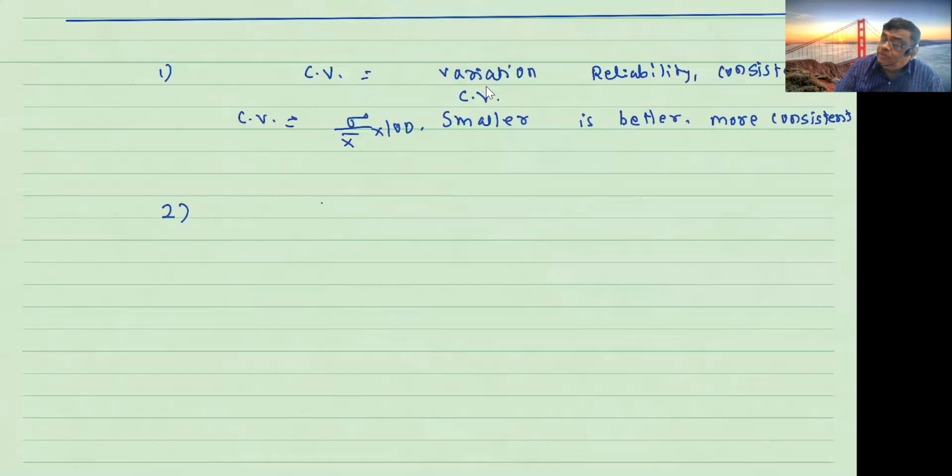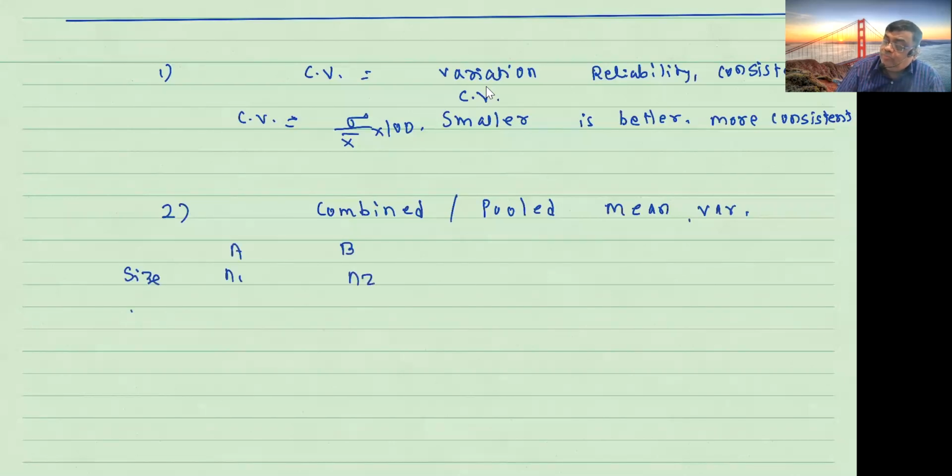Next note is combined or pooled mean and variance. So in that case, what happens? You have got a group A, you have got a group B. Size means number of people, that is N1 and N2.